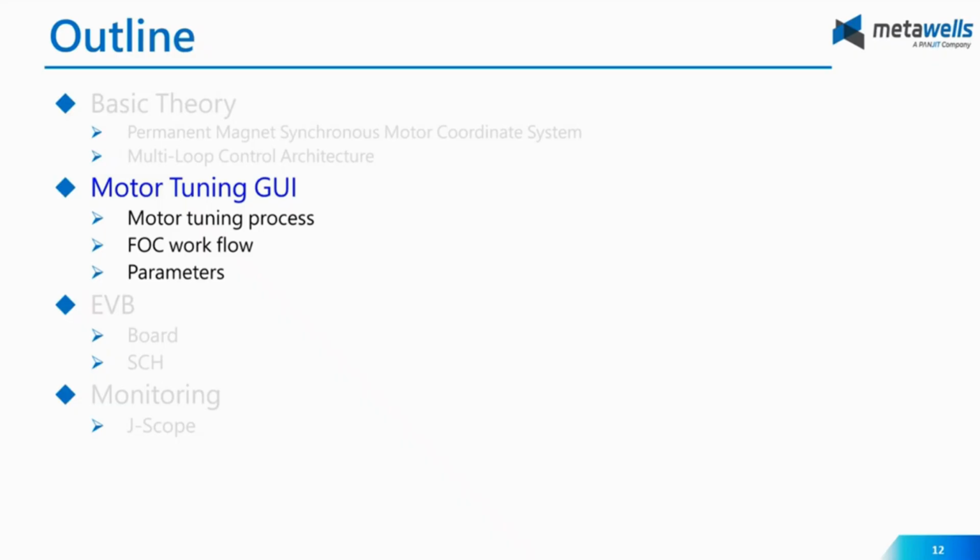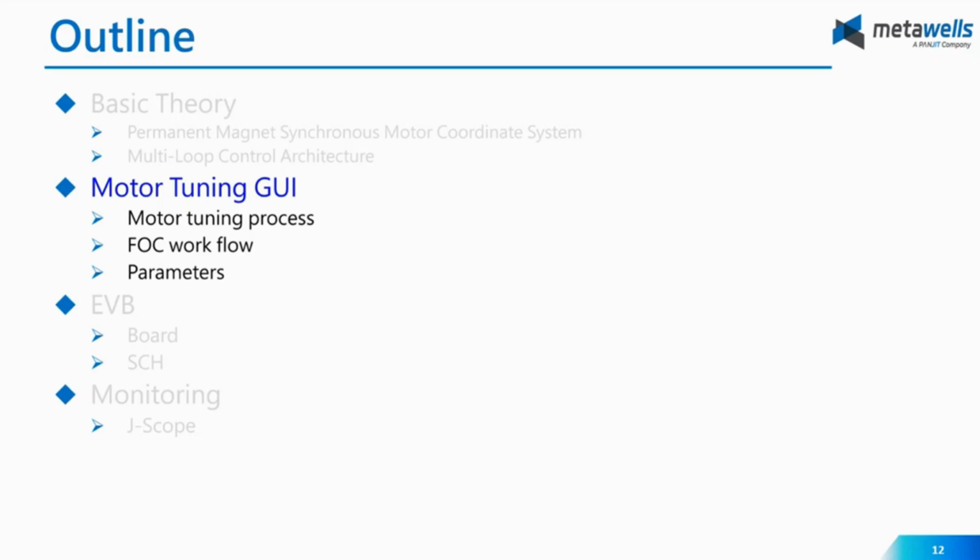And second, the motor tuning process. The motor tuning process involves initializing the system. So we will start with baseline values, then use the GUI to adjust speed and current loops. And we also talk about the FOC workflow. The FOC workflow operates as a state machine.